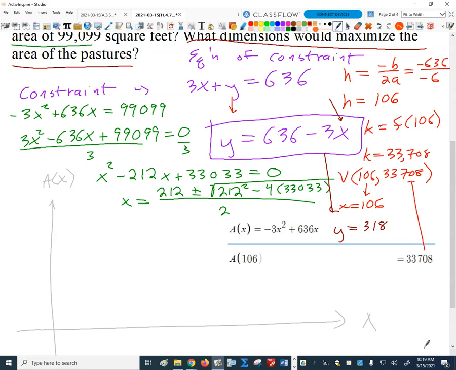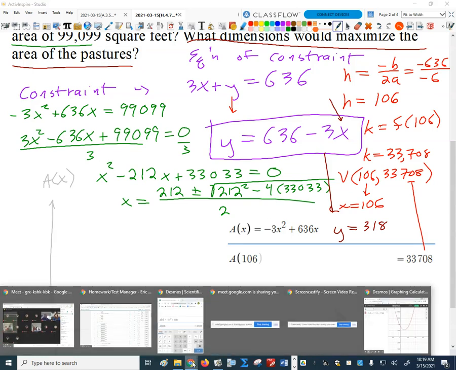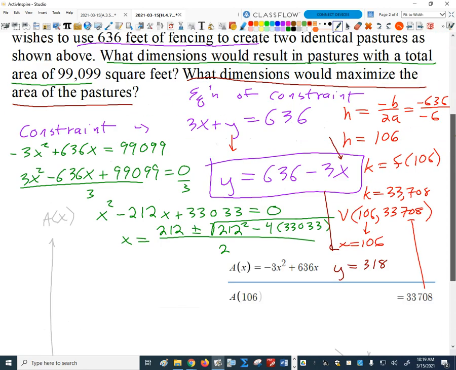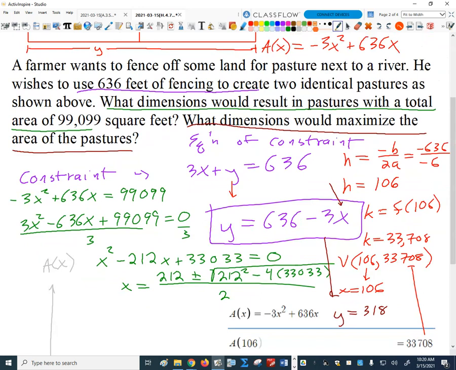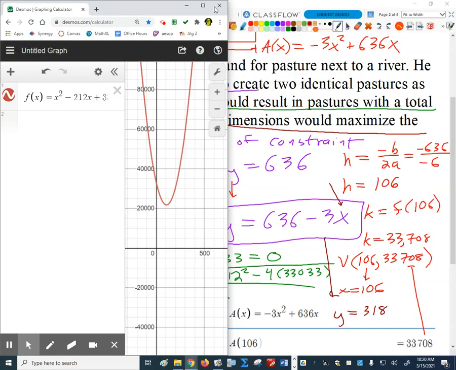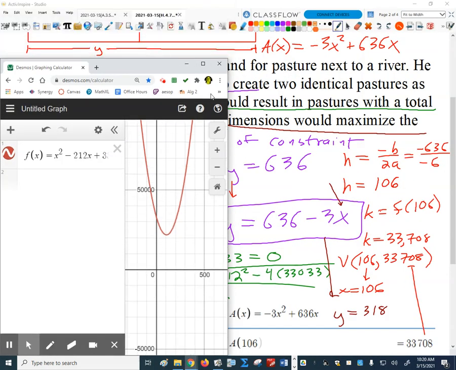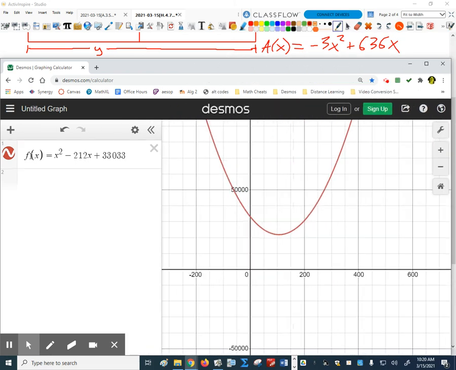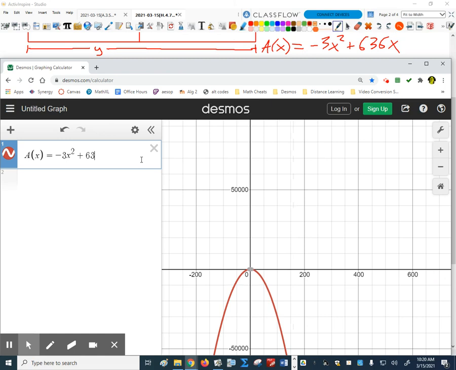Okay, and then we could verify this all if I just graph the function. Let's go back into Desmos graphing for a second, and let's graph our area function. So if I graph my area function, A of x equals negative 3x squared plus 636x, well, what do you know?